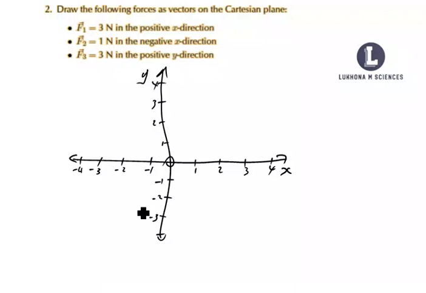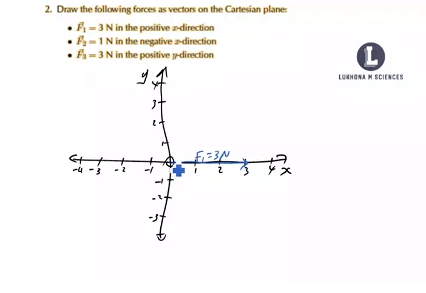Now let's represent these forces on the Cartesian plane. The first one is 3 newtons in the positive x-axis, which means we have this force up to 3, right? This is force number 1, which is 3 newtons. Force number 2 is 1 newton in the negative x-axis.